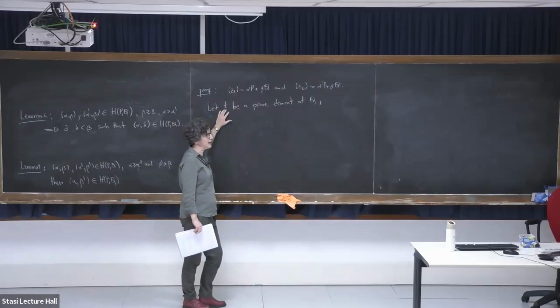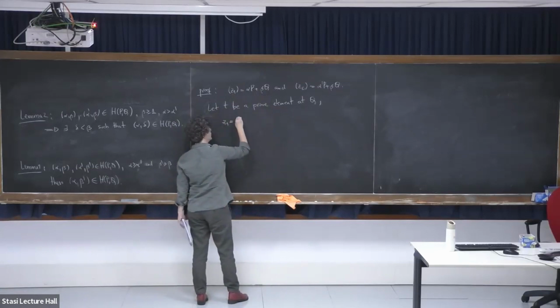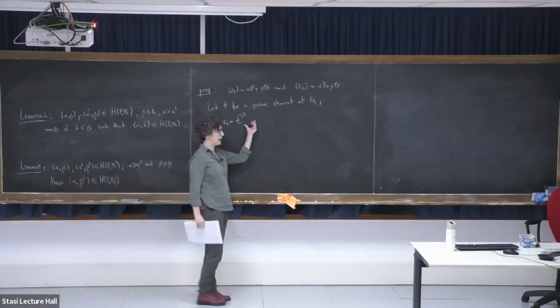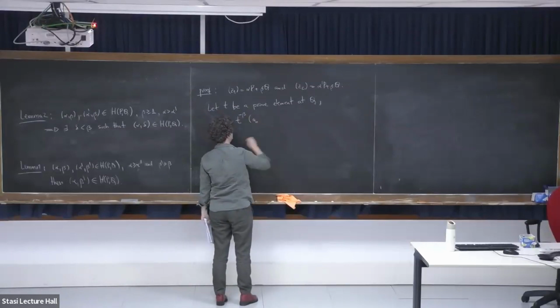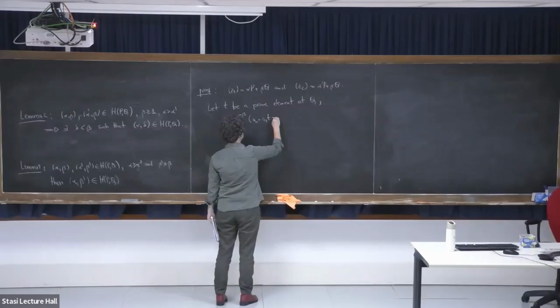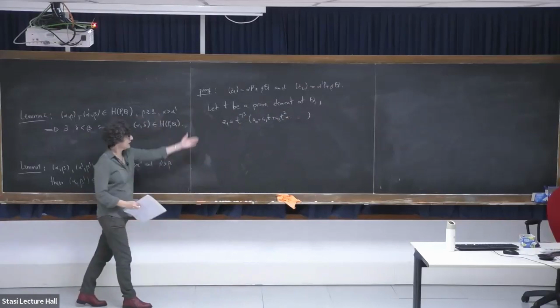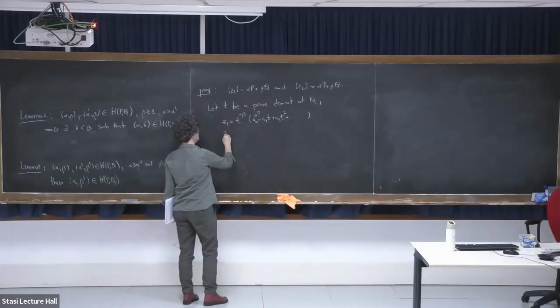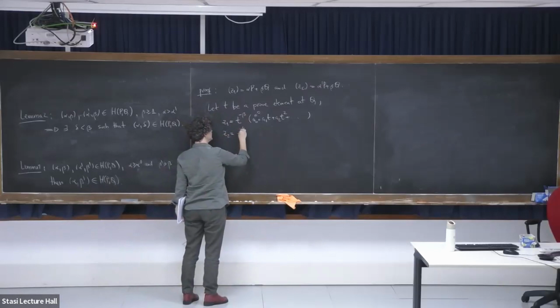Well, I can write zeta 1. What is the order of the pole at Q? It is beta. So it has to be t to the minus beta times something invertible, something like a0 plus a1 t plus a2 t squared, a finite sum, and a0 cannot be 0. Also for zeta 2, locally at the point Q, I know that this function can be written like this.